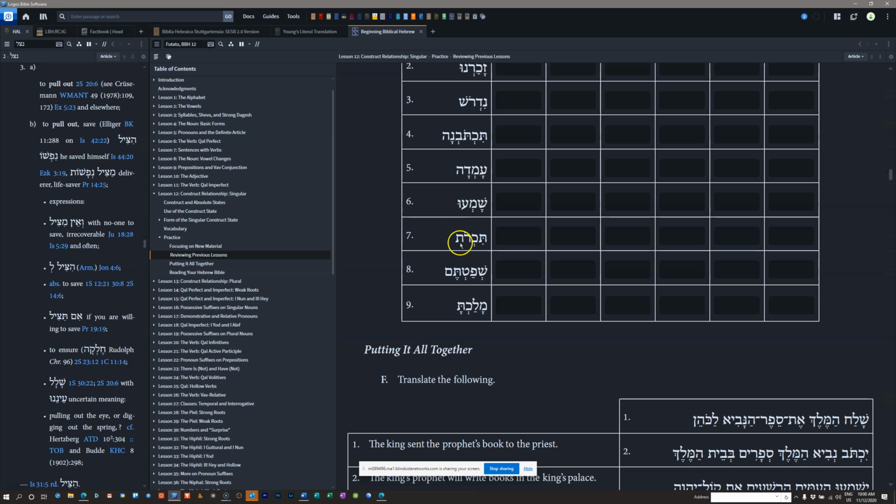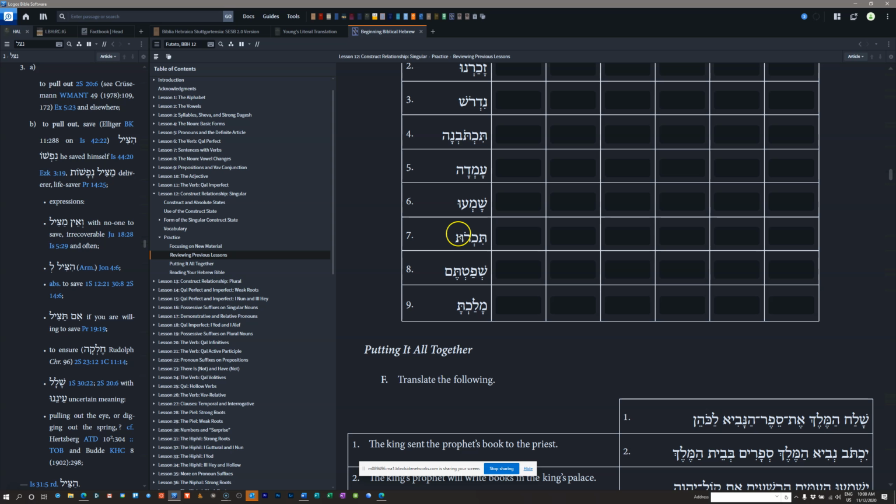Second person feminine singular would use tav shava, which is kind of what we have here, because if we've got a holum, the problem is if this is cal perfect 2fs, then our root would have to be takar, and takar is not a root that we've learned, and we'd have to explain why we have a holum like connecting vowel between the resh and the tav.